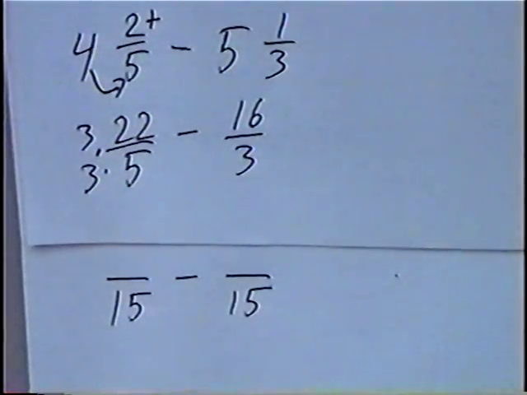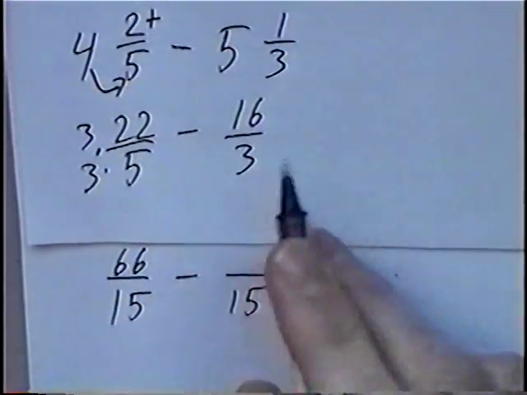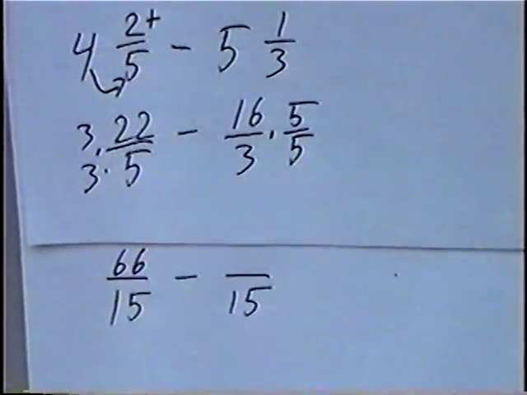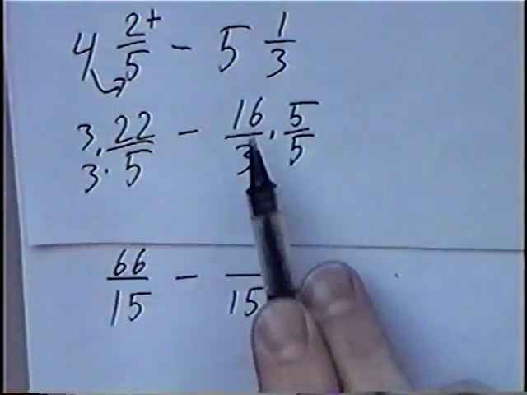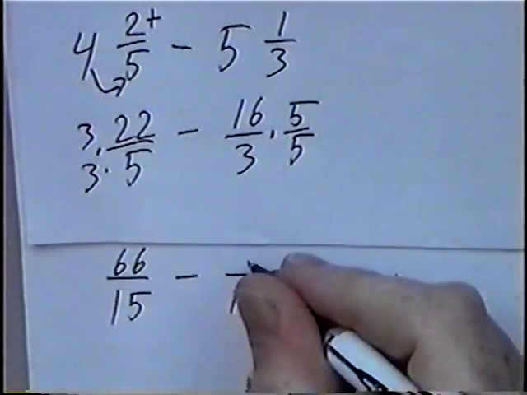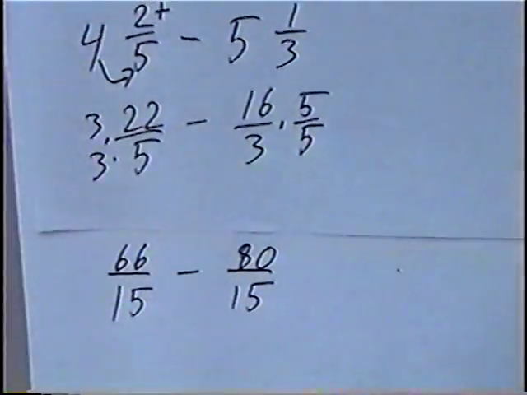3 times 22 would be 66. And the second fraction, we can multiply the numerator and denominator by 5. 16 times 5 would be 80. And 3 times 5 would be 15.